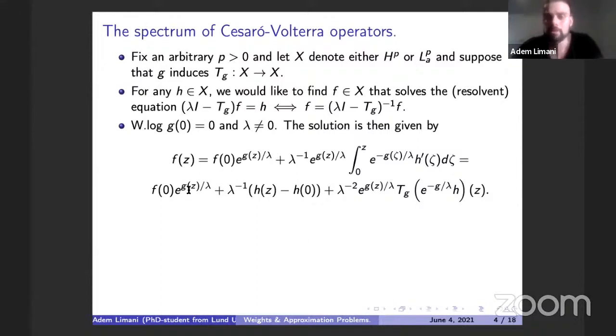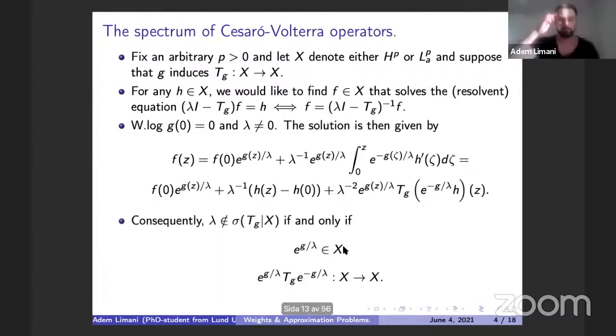And then it turns out that one can solve this equation explicitly. This is sort of the point here. If we would like to understand when this belongs to the space, then this is equivalent to e to the g belonging to the space, by the formula above.